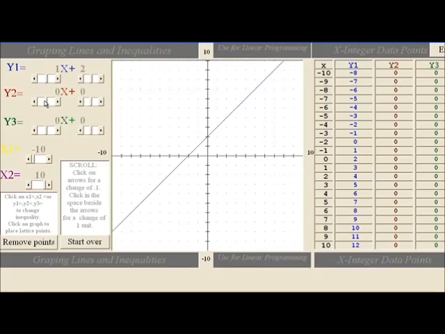So you could have a system of equations, and you could find out where they cross for the solution. And if you wanted to, you can actually click and put points in. See, I can click and put in points different places. And so this might be useful for whatever you're trying to talk about. Remove points, they're going to go, but the lines are going to stay.